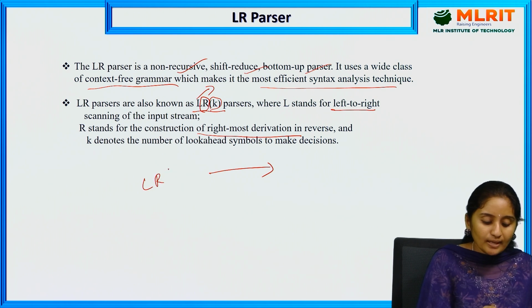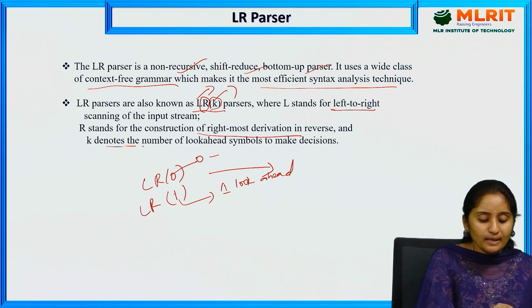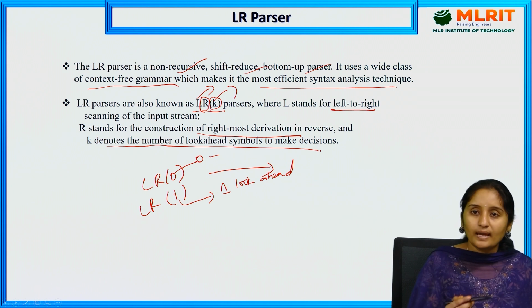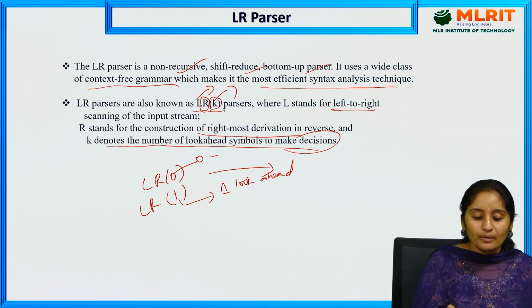Suppose LR of 0 means 0 lookahead symbols. LR of 1 parser means 1 lookahead. So K can be anything; K denotes the number of lookaheads used to make decisions. So this is about the LR parser. Okay, thank you.